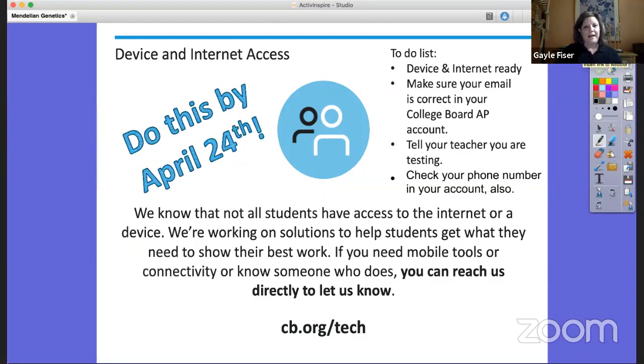Device and internet access. If you don't have a device or internet, please reach out to cb.org/tech. Your to-do list, and I'm going to add to it as we go right here. So device and internet, check. You should also make sure your email is correct in your College Board account. You might have put it there when you were in the 9th grade, and you might not be in the 9th grade right now. And tell your teacher you're testing.